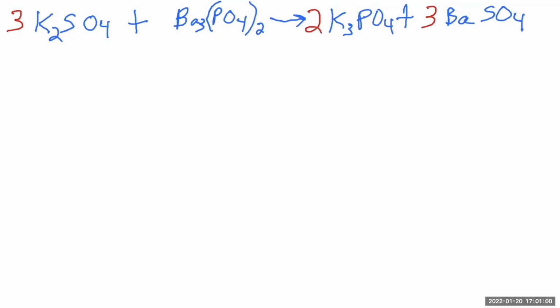Write down our numbers. 68.7 grams potassium sulfate react with 132.8 grams of barium phosphate. And what is the yield of barium sulfate? That's what we're looking for. That's our question mark.